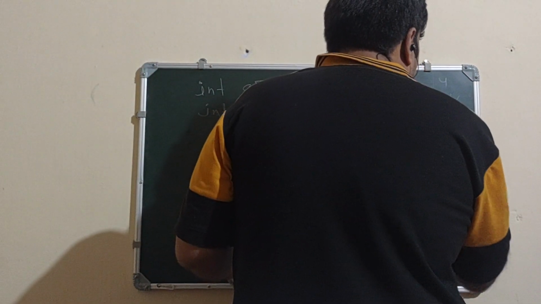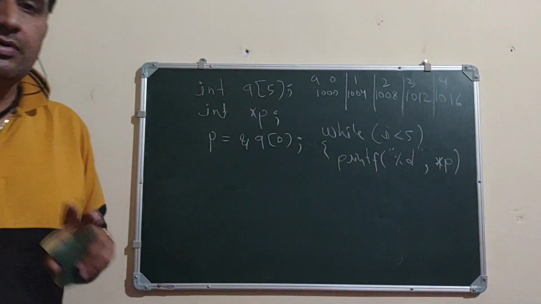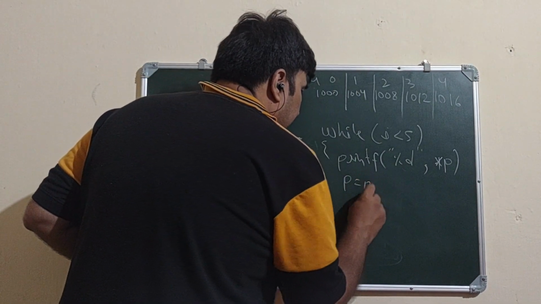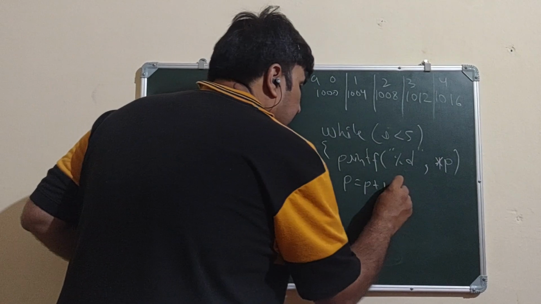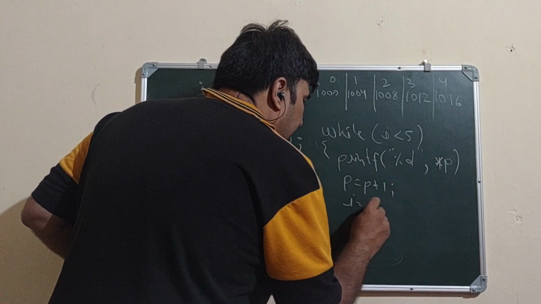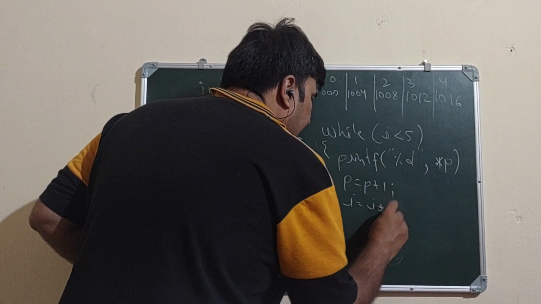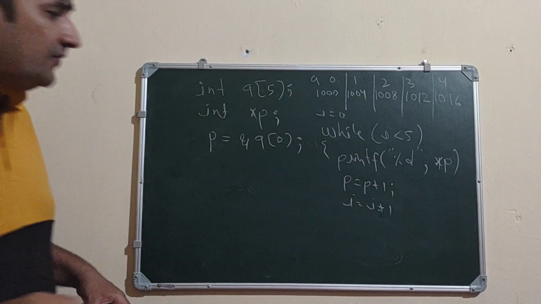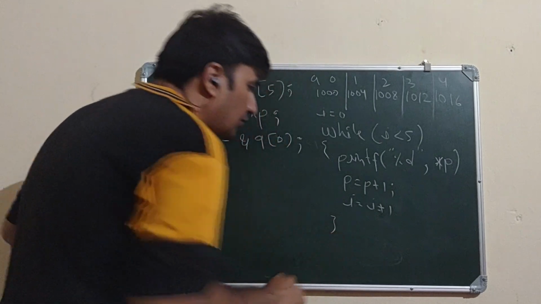If I write p, it will be read as the address. Then p equals to p plus 1, i equals to i plus 1, where initially i equals to 0, and finally we will halt.